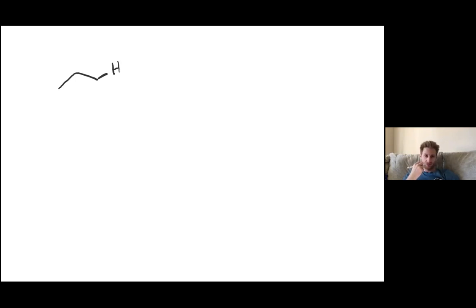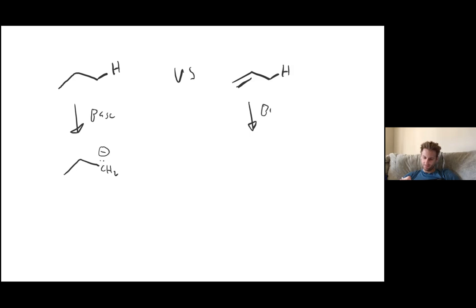So let's start with this proton here versus this proton here. If we pull off the proton on the left, we would generate a CH2 minus, versus if we pulled off the one on the right here, we're still going to make a CH2 minus.